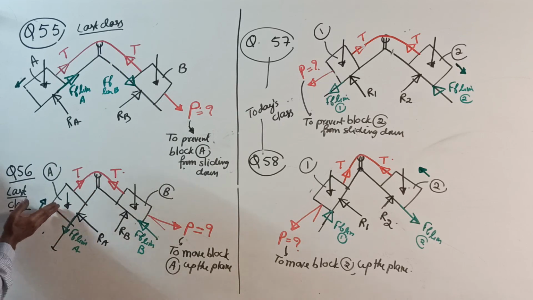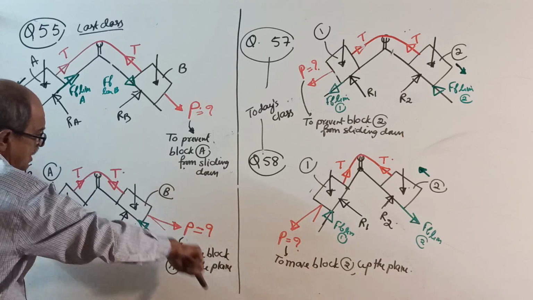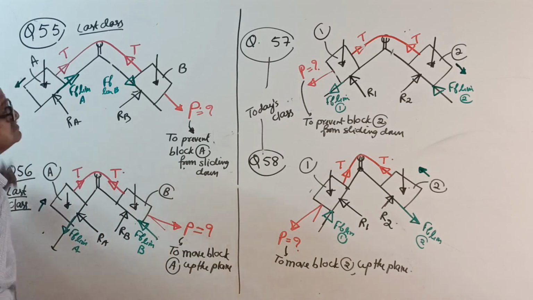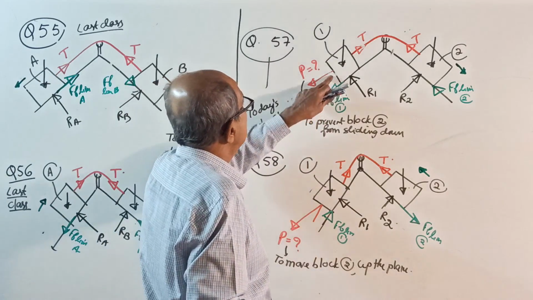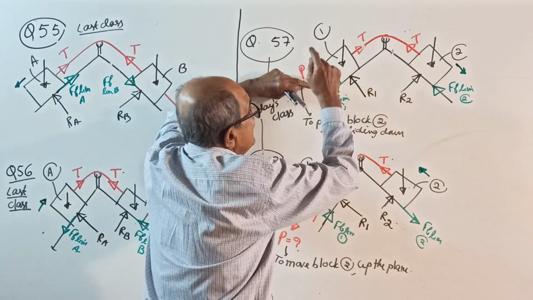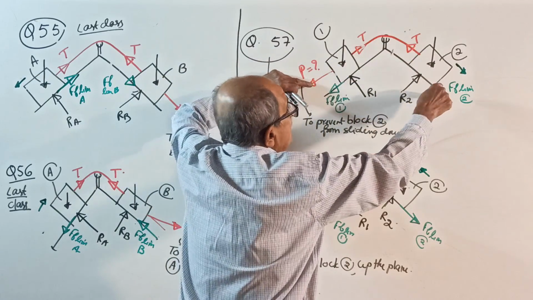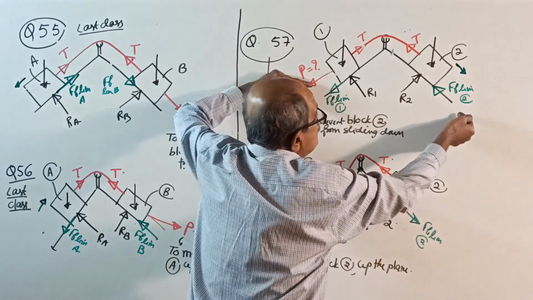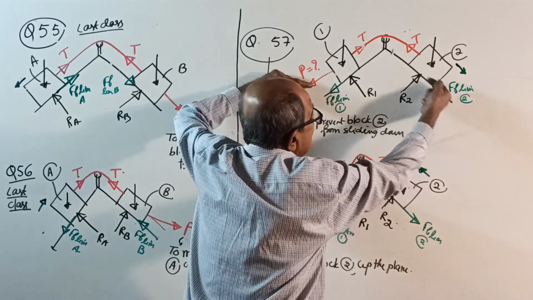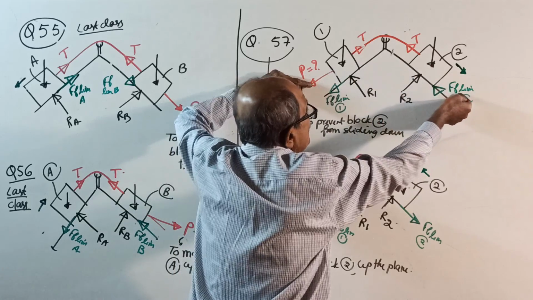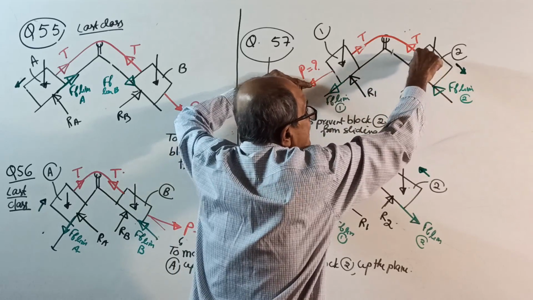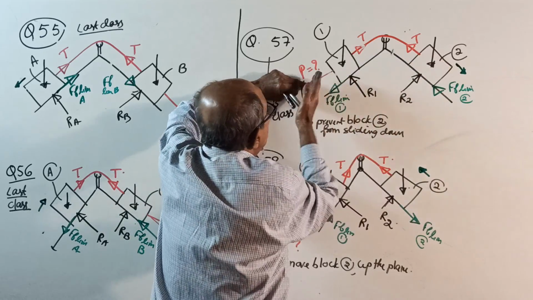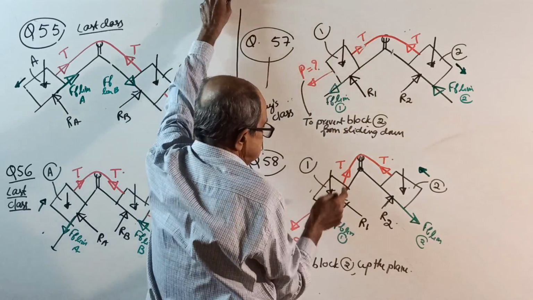When block A moves up, block B will come down, friction up. Today's class, your P is such that block 2, the right side block, has a tendency to go down, sliding down. So friction up. When this is trying to slide down, this will move up, friction down.